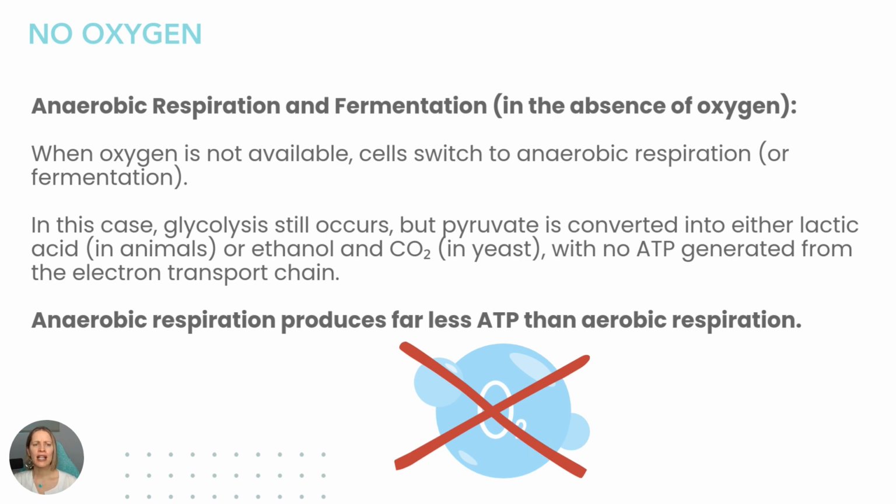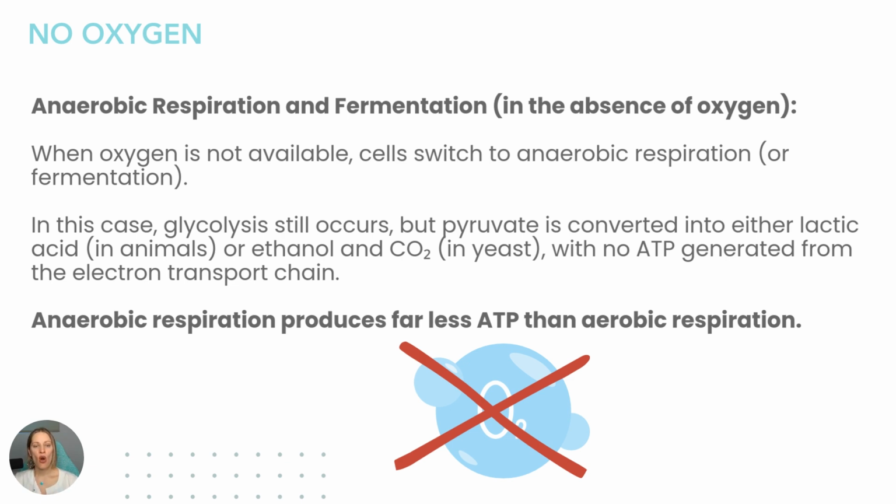Now, something else to make note of is what if there's no oxygen? What if no oxygen is available? Cells are now going to switch to anaerobic respiration or fermentation. In this case, glycolysis still occurs, but the pyruvate is converted into either lactic acid in animals or ethanol and CO2 in yeast, with no ATP generated from the electron transport chain.